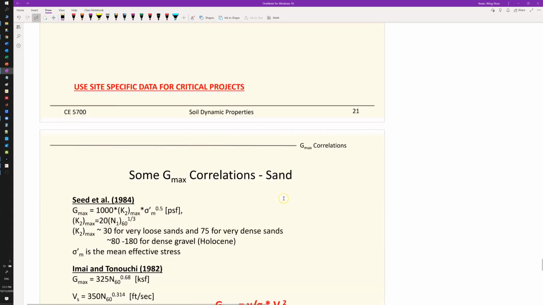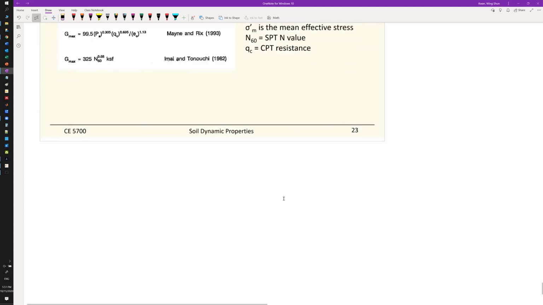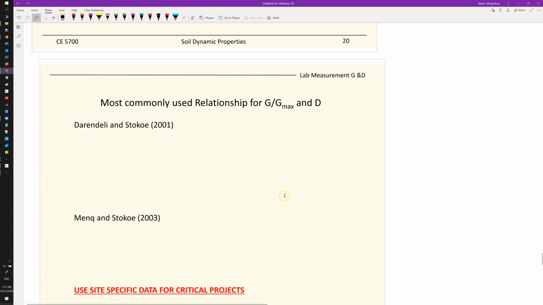For the rest of this lecture, we will cover the correlations for Gmax. We also touch base on the details of the correlations for shear modulus reduction and damping ratios.